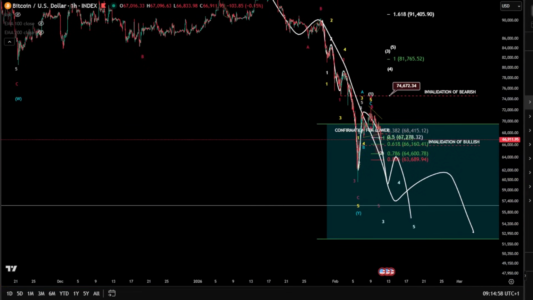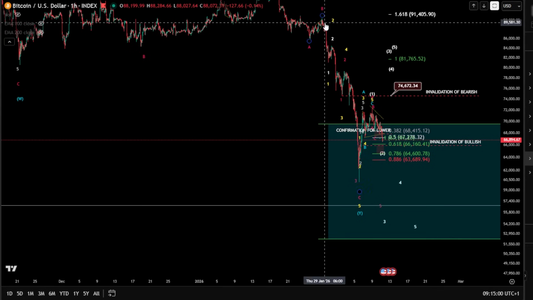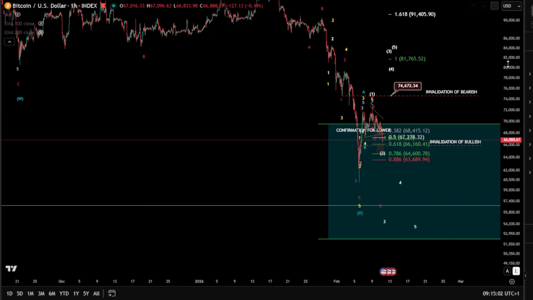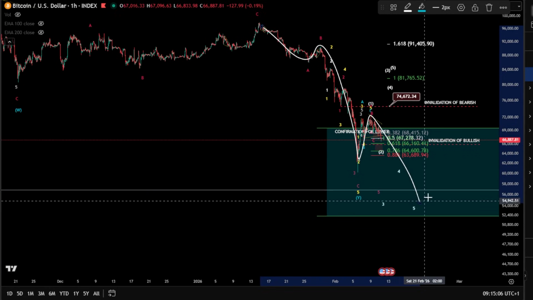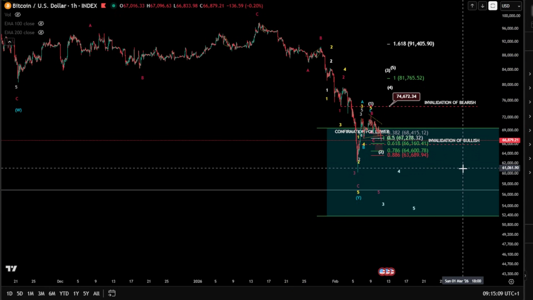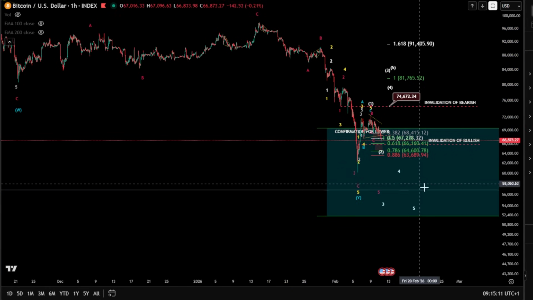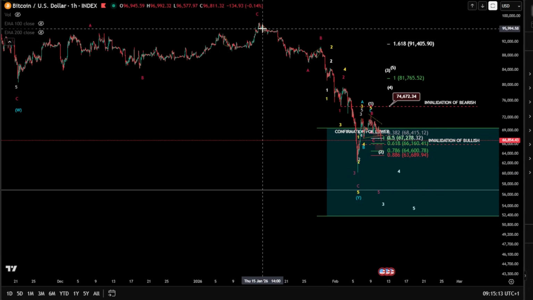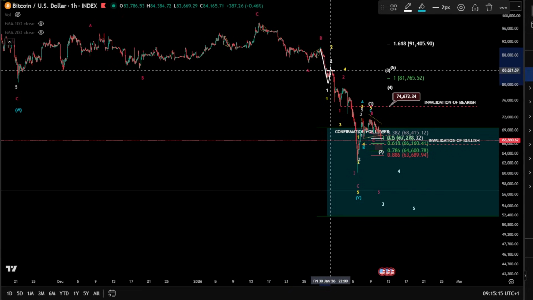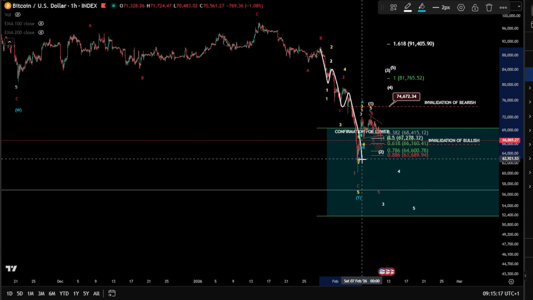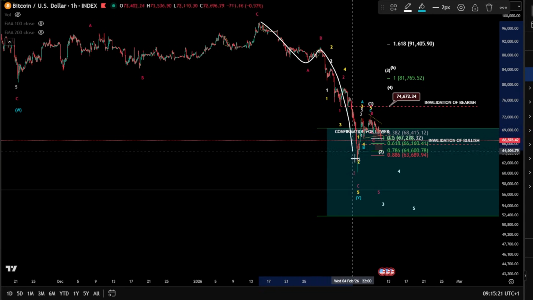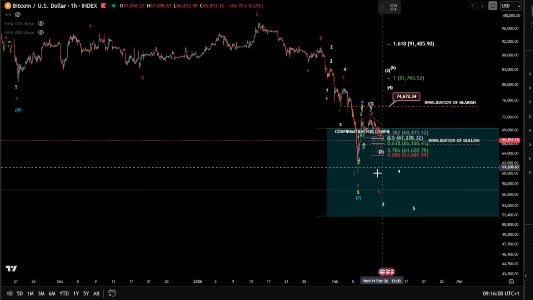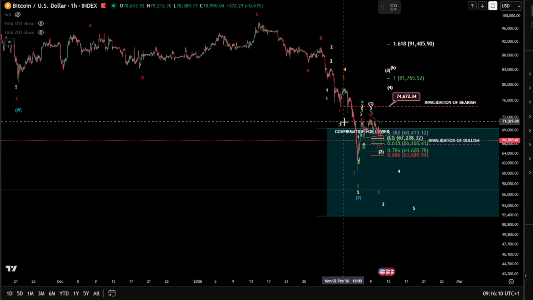So you have to consider the possibility of double 1 2 first before considering a large 1 2 3 4 and a 5. That's why it is possible that you can finish here a 1 2 3 4 and a 5 again. I repeat, it can be a finished wave 3, and then you can be in a 1 2 3 4 and a 5. So these are the possibilities.